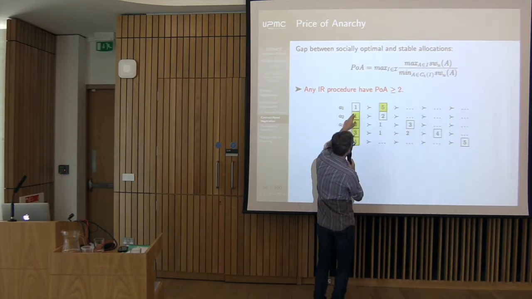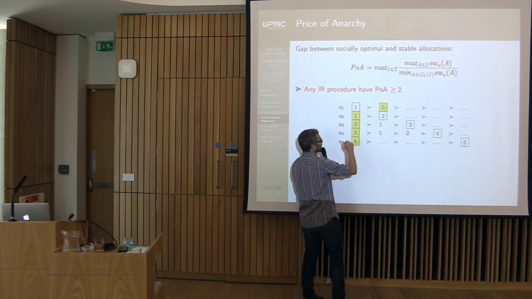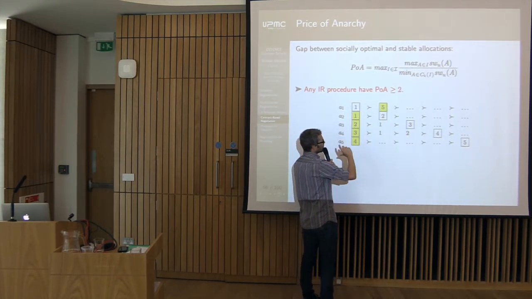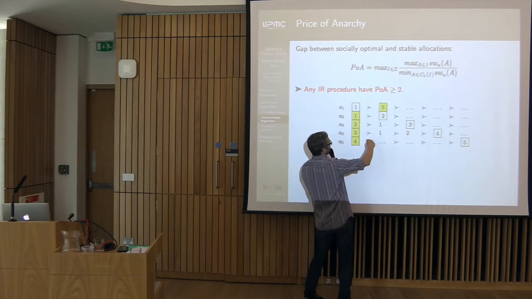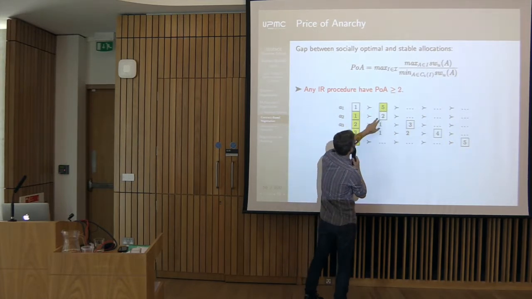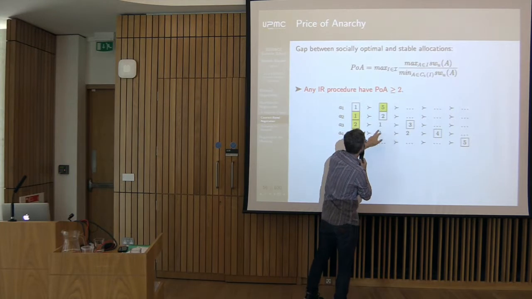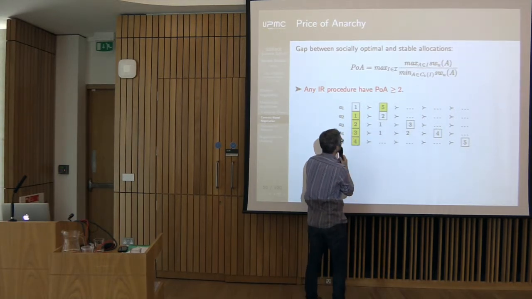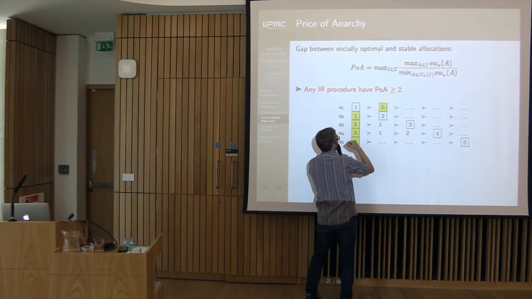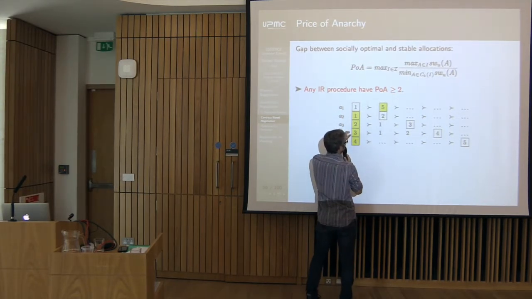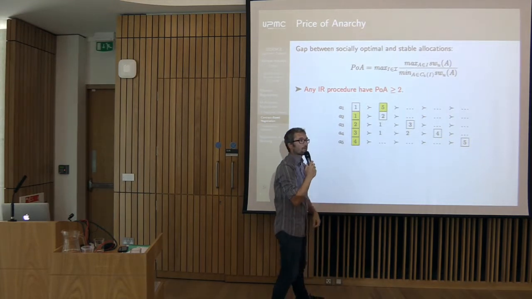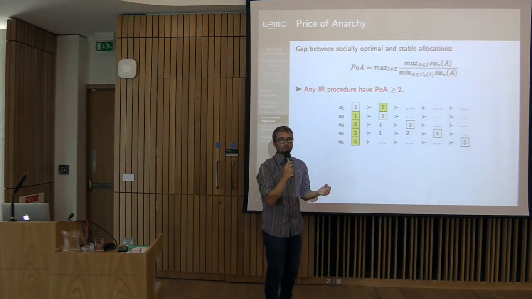Why? Because the only way that I could move to the yellow allocation would be to do a deal involving all the agents, where by a cycle this one should exchange with this one, with this one, this one with this one, and this one with this one. But here this one would block, because this one has got his preferred item to start with.